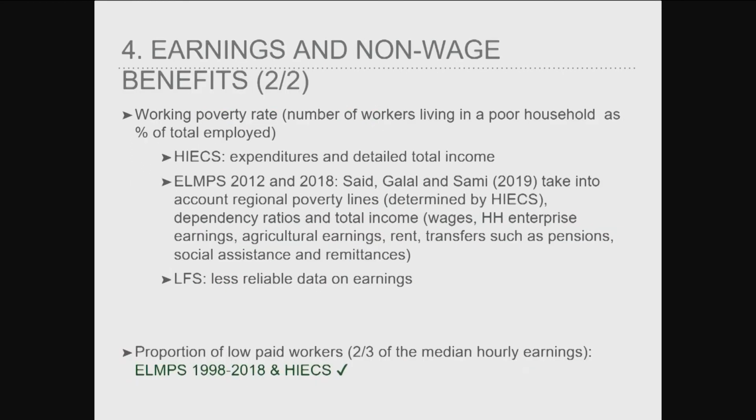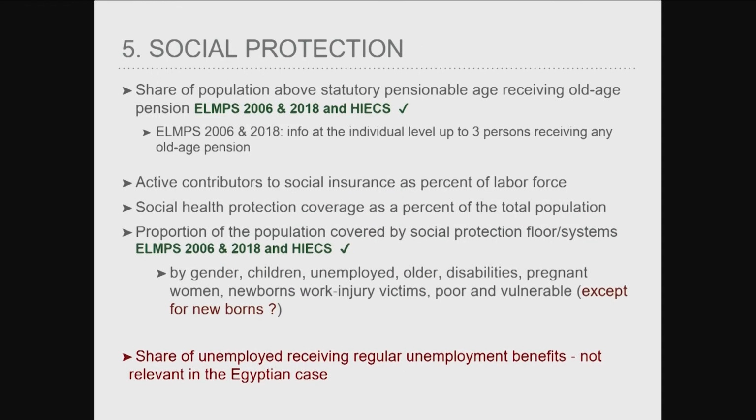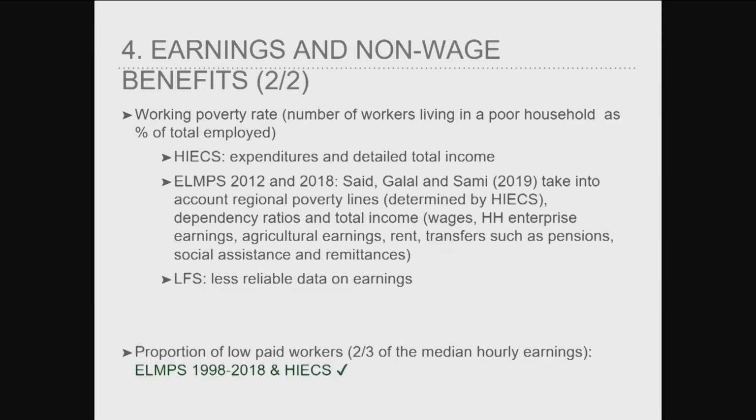I think there is something missing here, which was very important, but it's regarding the estimate of the percentage of working poor. We can use either the ELMPS or the HIECS, the household income survey, and it's not in here.